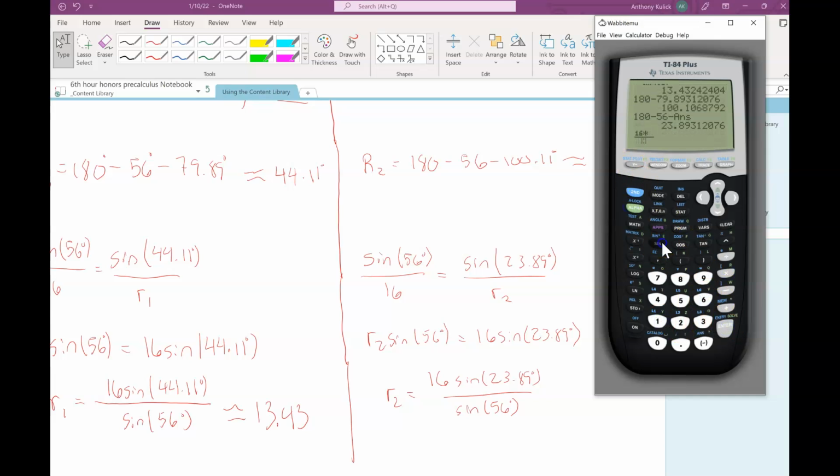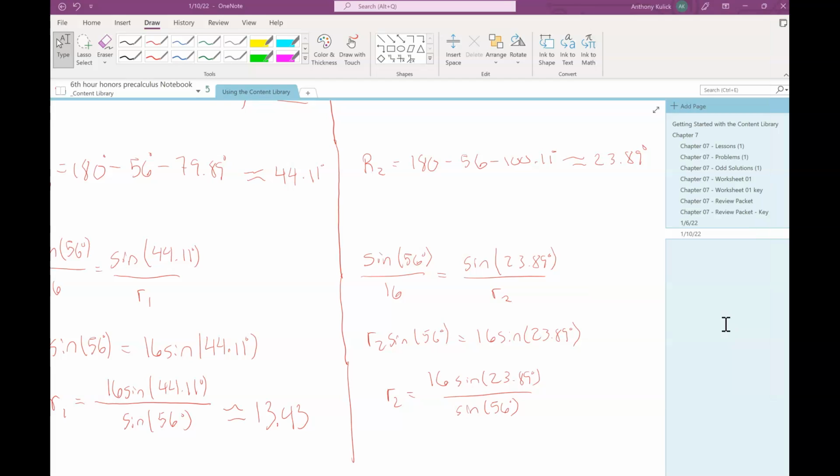Everybody okay with what we did there? You notice that I'm using the ANS command a lot when doing these problems just because it's less buttons to push than typing in all the decimals or whatever. And so I get 782 there.